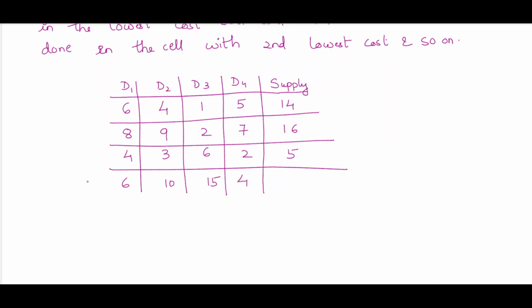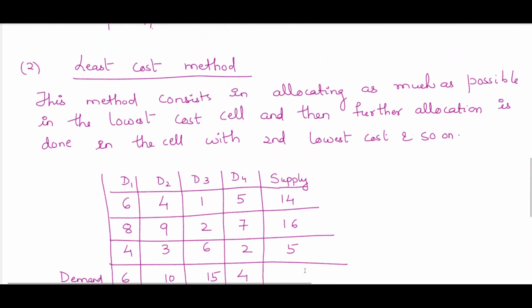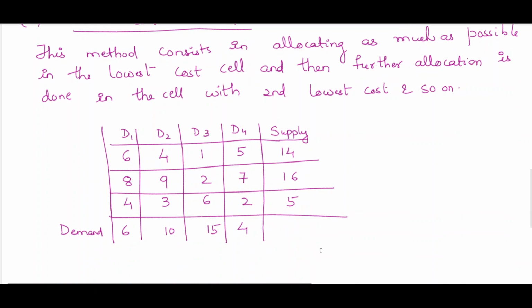So this is the same problem I've noted down. This is the demand, and this is the supply. We will start allocating as much as possible to the least cost cell.